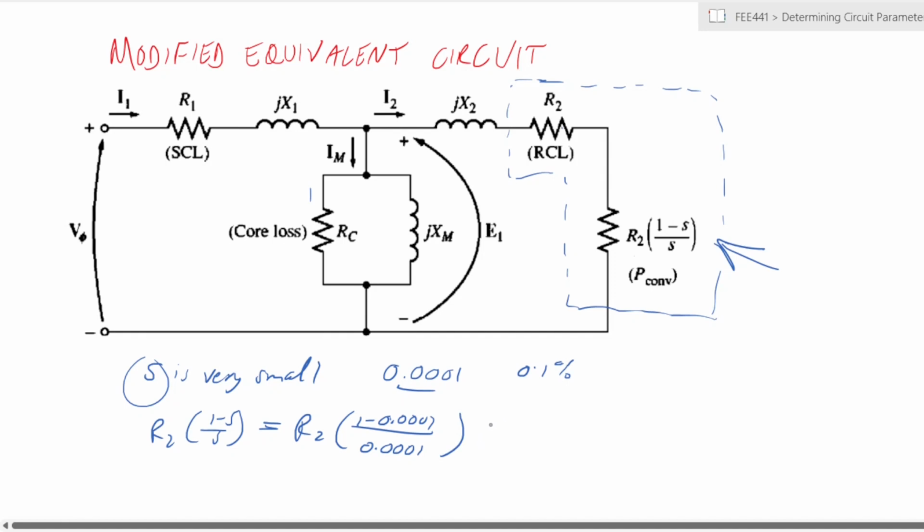This means that this will be a very big figure. So it will be R2 into (1 minus 0.001) over 0.001. Let me switch to show you the calculator.